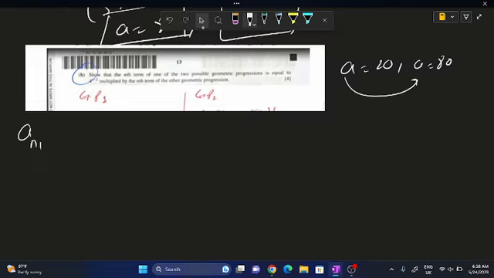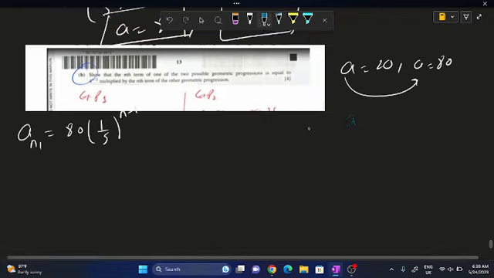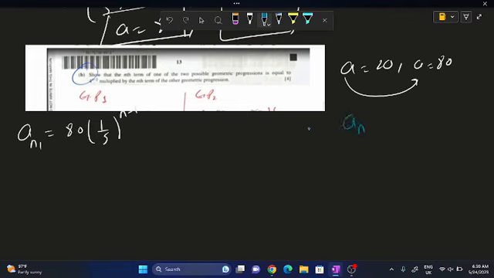So the first geometric progression can be written as an1, which is equal to 80 times (1 by 5) whole raised to the power n minus 1, where r is 1 by 5. It would be good to write the general formula for an first. You know that an is equal to a times r raised to the power n minus 1.